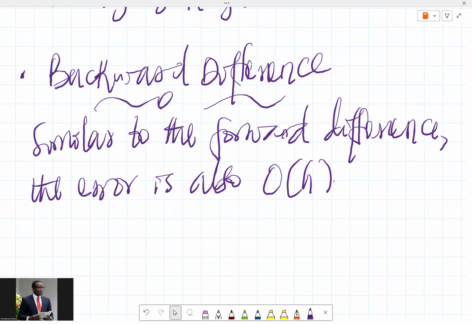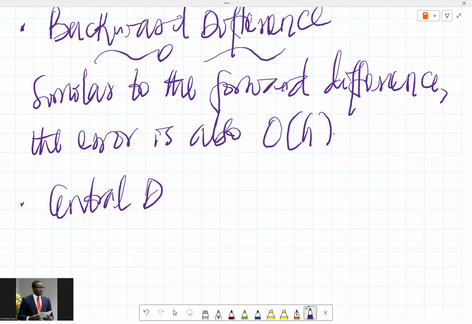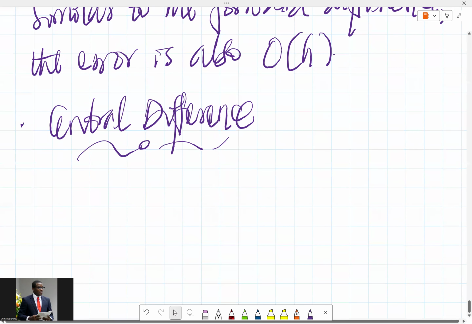So as the value gets smaller, the error decreases linearly. Then we have central difference, which performs better than the previous two. So you expect the error to reduce faster.